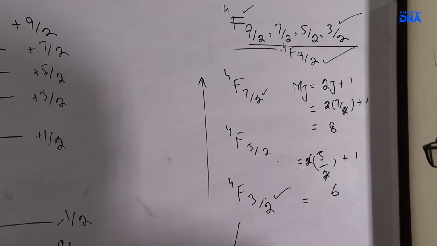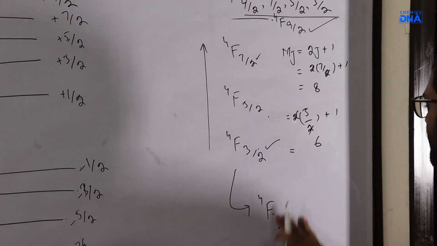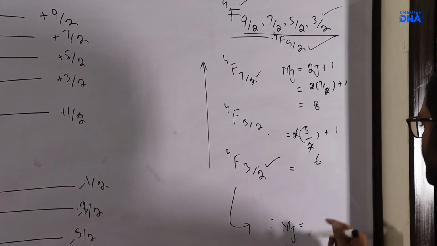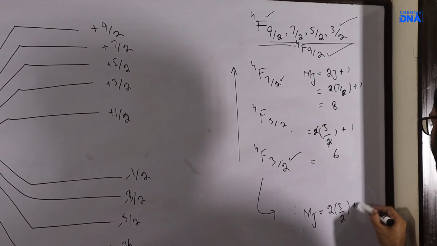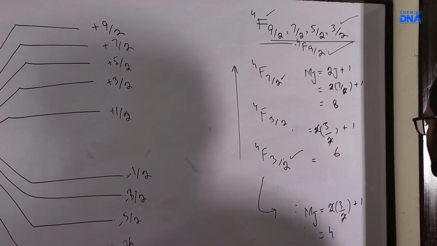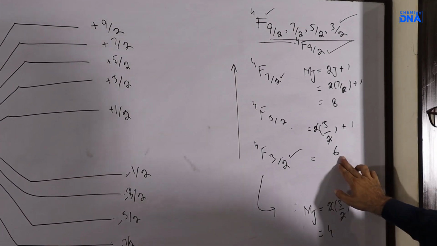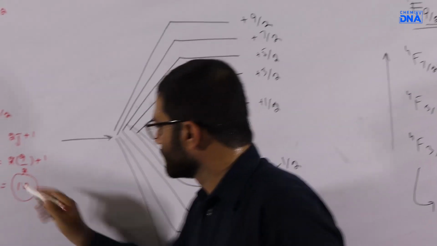In this case you will have MJ equal to 2 into 3 by 2 plus 1, so 4. Then you can conclude that aggregate 4, 6, 8, and these are the 10.